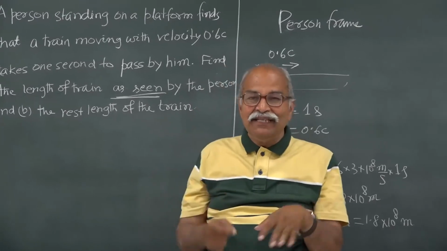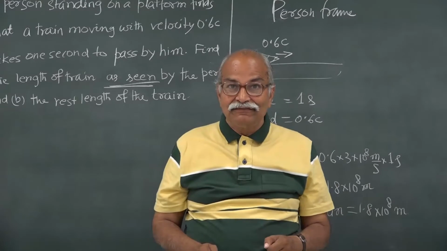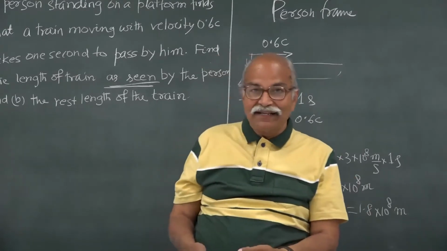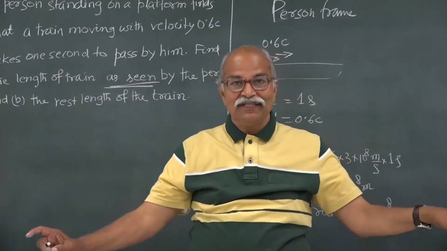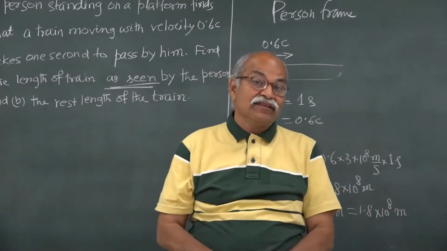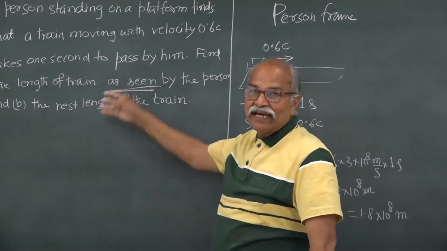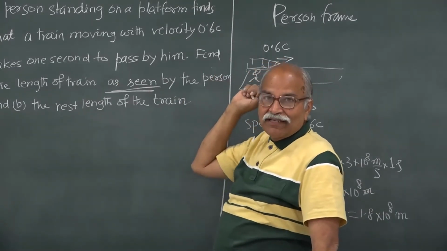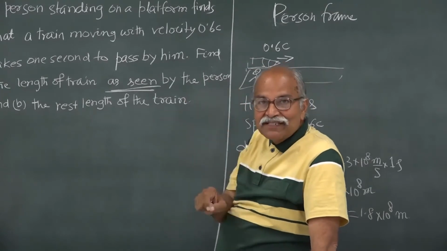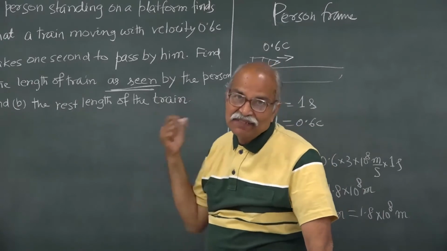As seen means in that person's frame, what is the length? How it finds that length, we are not concerned with this. In the person's frame, this is the length. So, that is the meaning. We will be using these kinds of words, as seen by, as observed by, but do not think that the process of observation or process of seeing is involved in solving such problems.